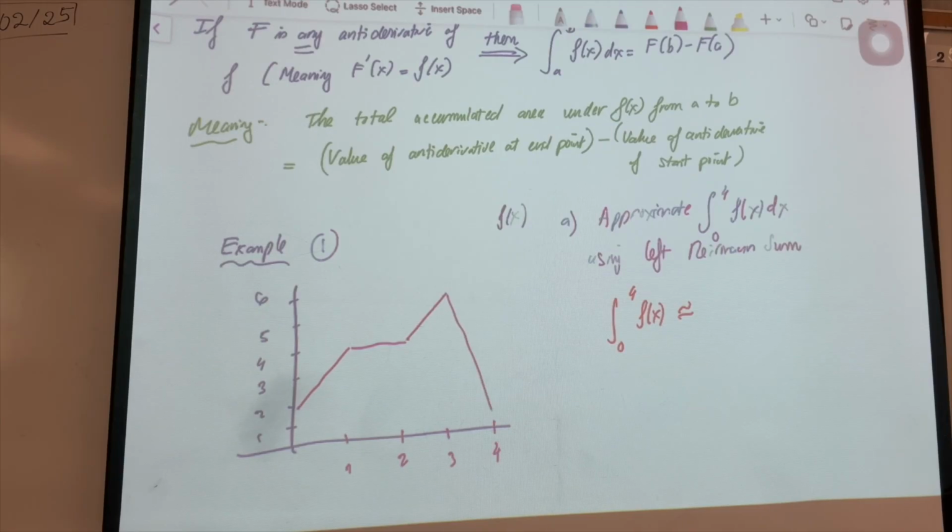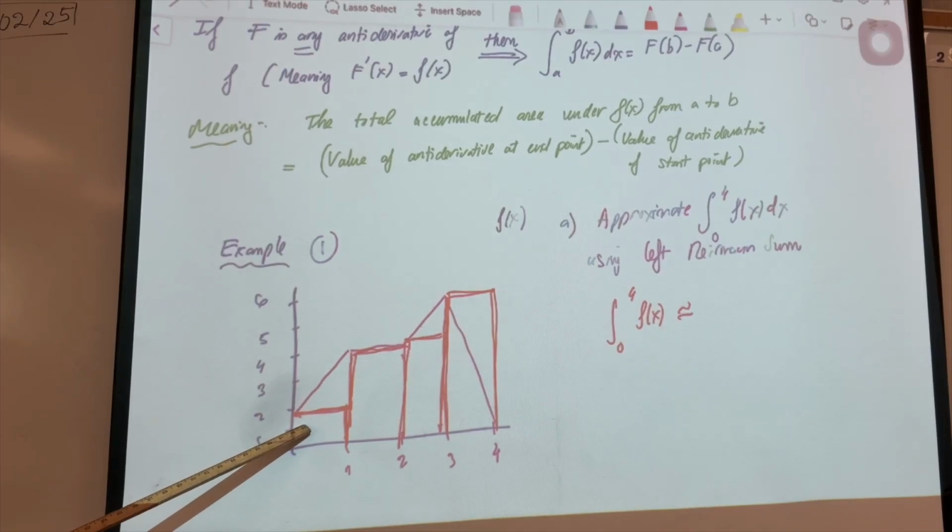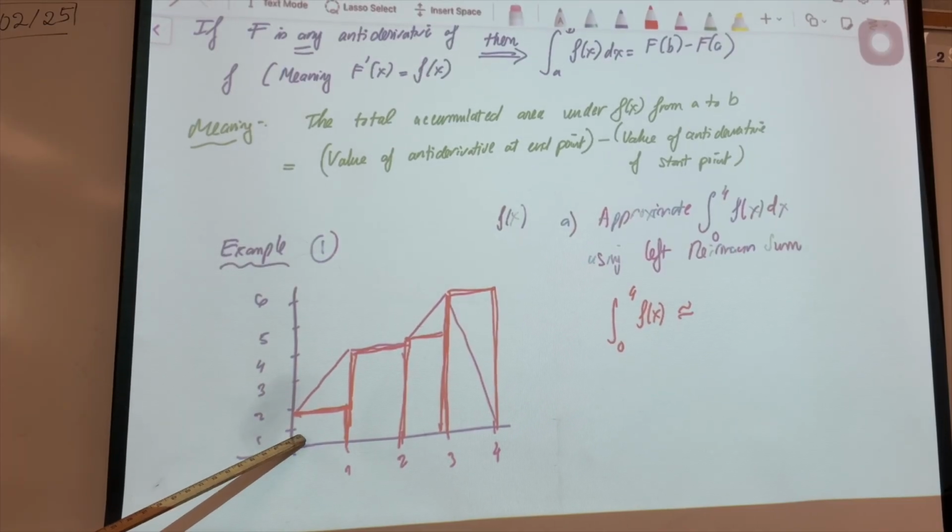That's the function. I just make it clearer. And then you're gonna do, this is the left. So 8 plus 2 plus 6. How much area for the first box, from 0 to 1? 2.